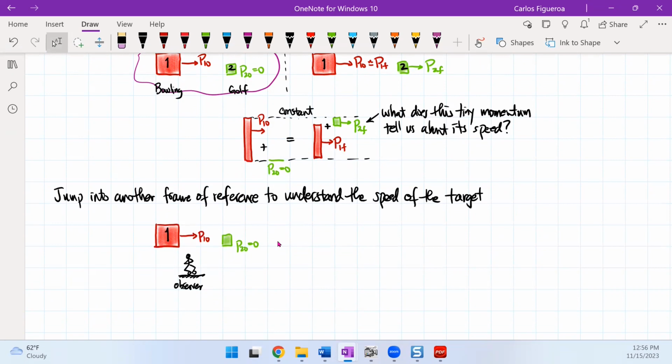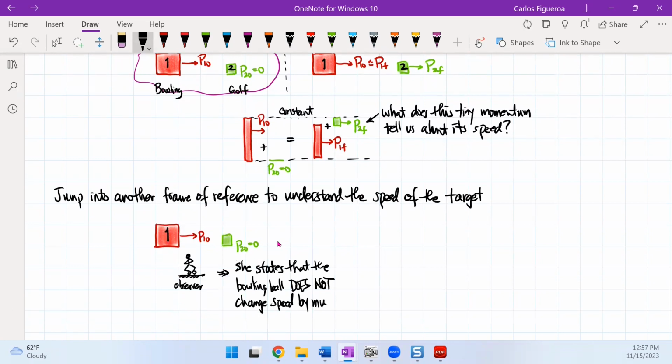And if my observer's on the ground, she states that the bowling ball does not change speed by much. And intuitively, that's what we would expect here.